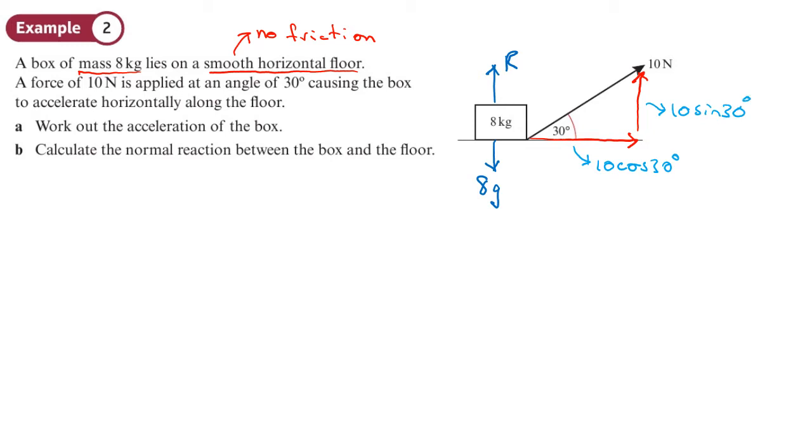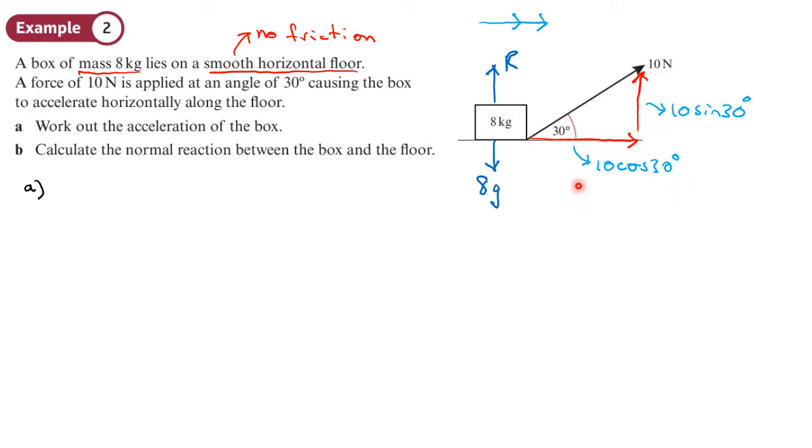Right, so if it's accelerating, it's going to accelerate in this direction. Yeah, it's not going to move up or down, it's just going to move sideways. So if it's accelerating in that direction, it means that the bigger force has got to be the force that's going to the right, which is that.